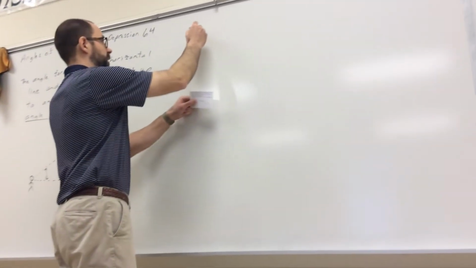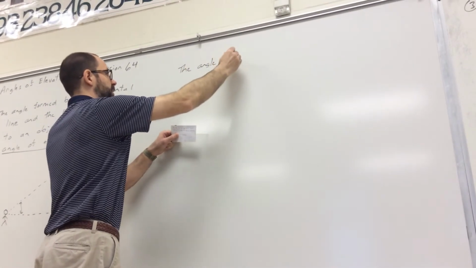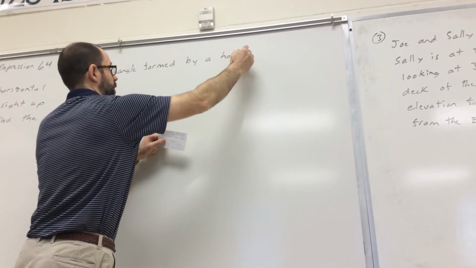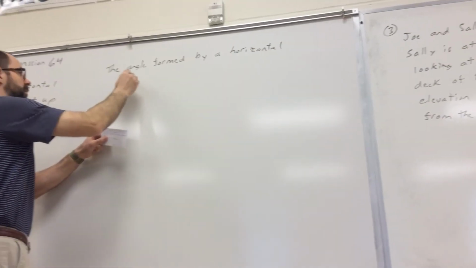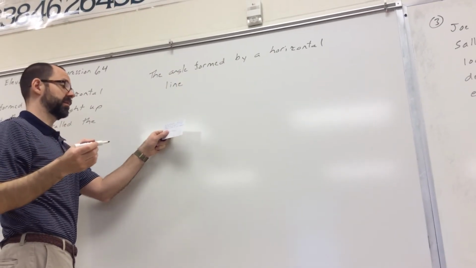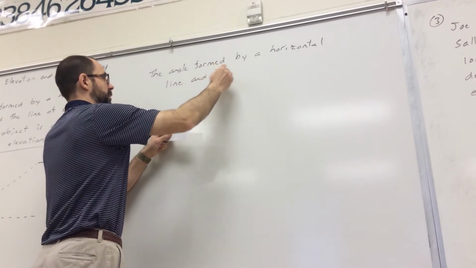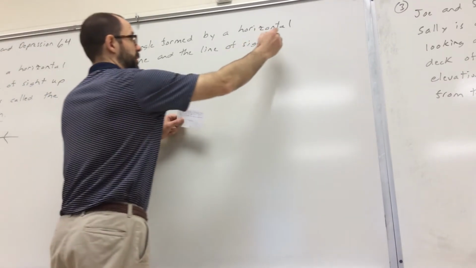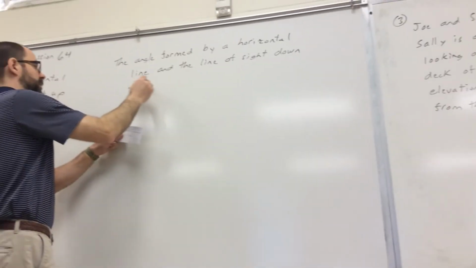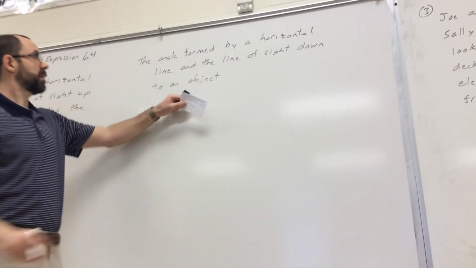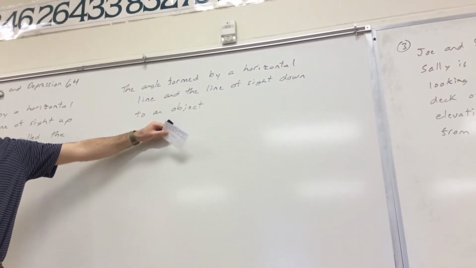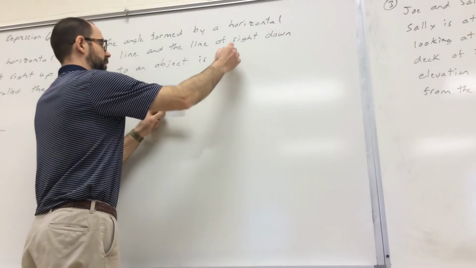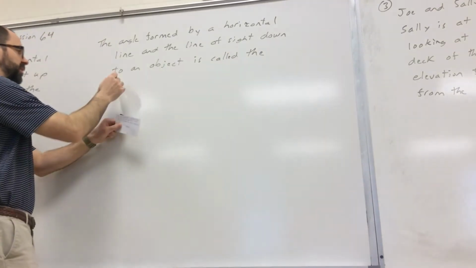Okay, then the other term for today, the angle formed by a horizontal line and the line of sight down to an object is called the angle of depression.